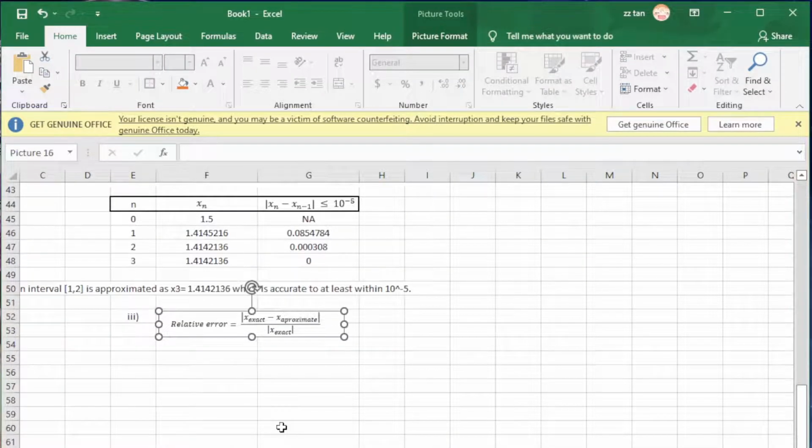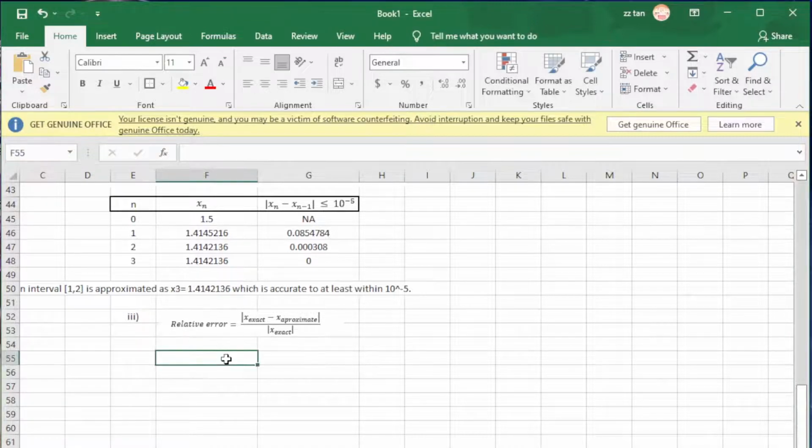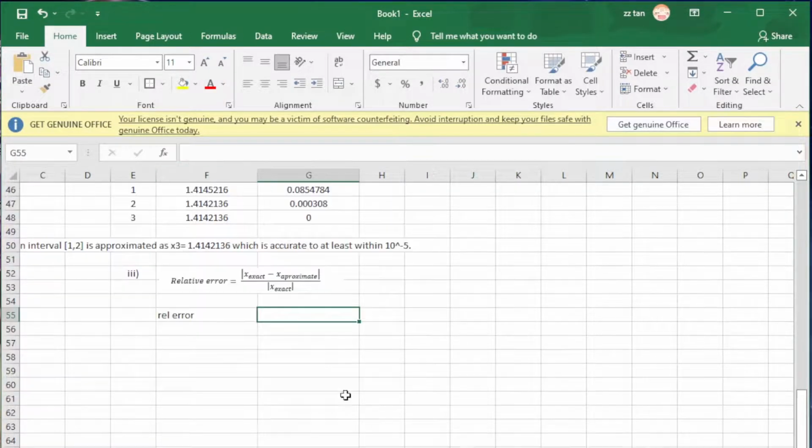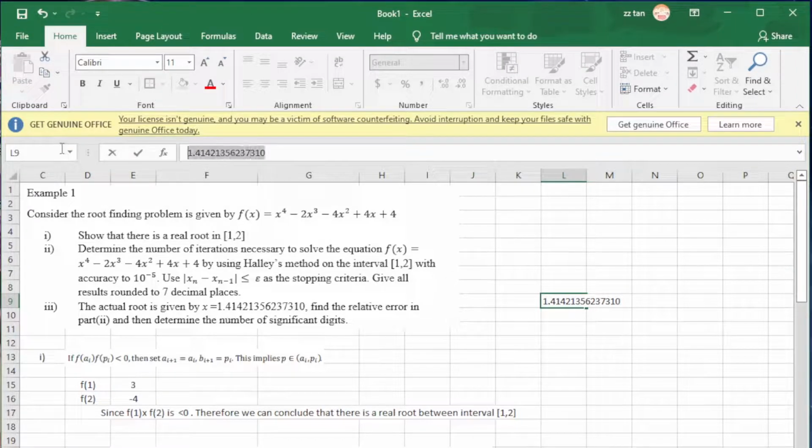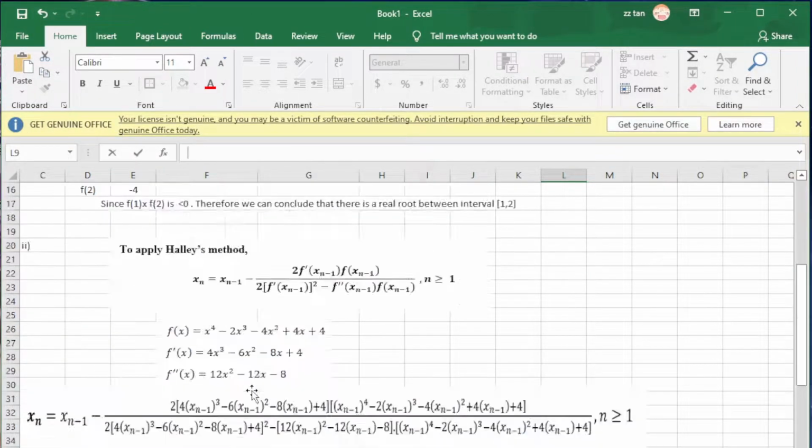So our relative error formula is the exact value minus our approximation value, divided by the exact value. So our exact value is 1.414213562373710. Okay, copy down this value.